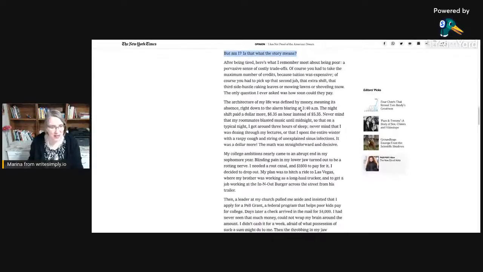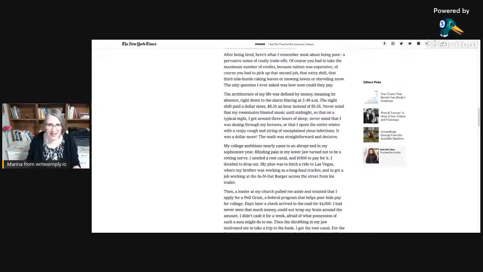So now she's going to unpack that a little bit. After being tired, here we go. Here's what I remember most about being poor. A persuasive sense of costly trade-offs. Does that connect with the reader?